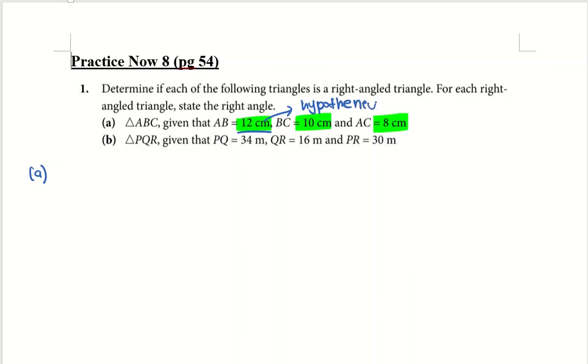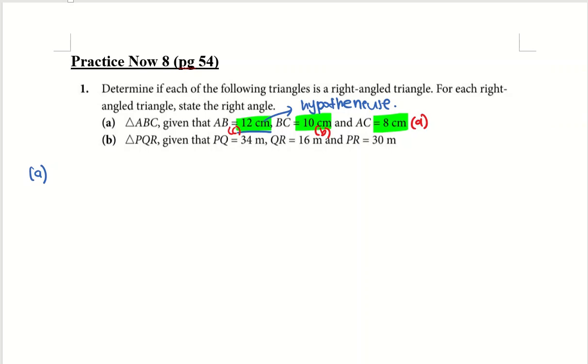This is if it is a 90 degree. If it's not a 90 degree, of course, we cannot even introduce the term hypotenuse. With that in mind, you are able to label the three lengths: 8 could be your length a, 10 could be your length b, and the longest length has to be your length c.